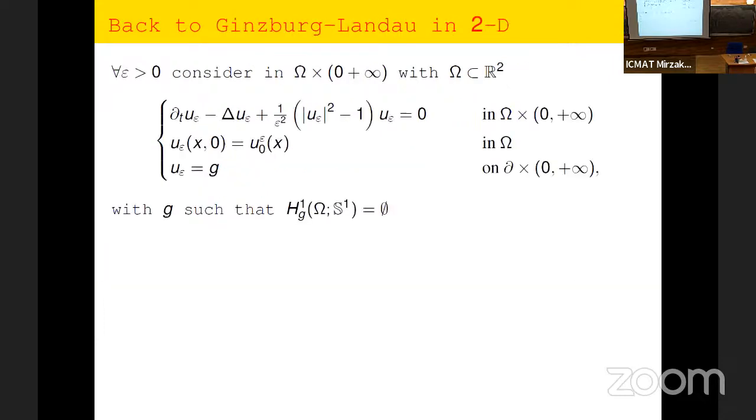Okay, so I told you before that for the static situation in 2 dimensions, you might enter into problems in finding a harmonic map if you prescribe the wrong boundary condition in terms of topology. So what happens now if you consider this evolution equation with a boundary condition for which this space is empty.